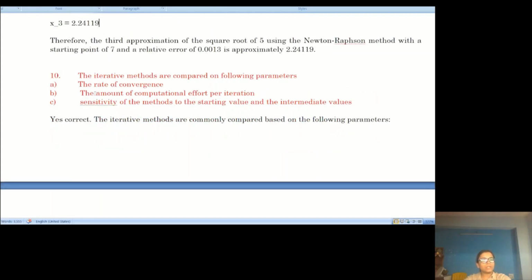For the last question, the 10th question: iterative methods are compared on the following parameters: the rate of convergence, the amount of computational effort per iteration, and sensitivity of the methods to the starting value and the intermediate values. Iterative methods look after the rate of convergence. We have different methods of iteration just to see the rate of convergence. Now, what is the rate of convergence?